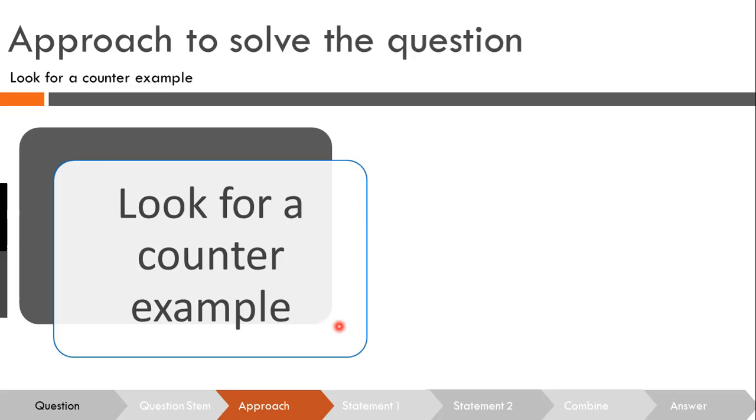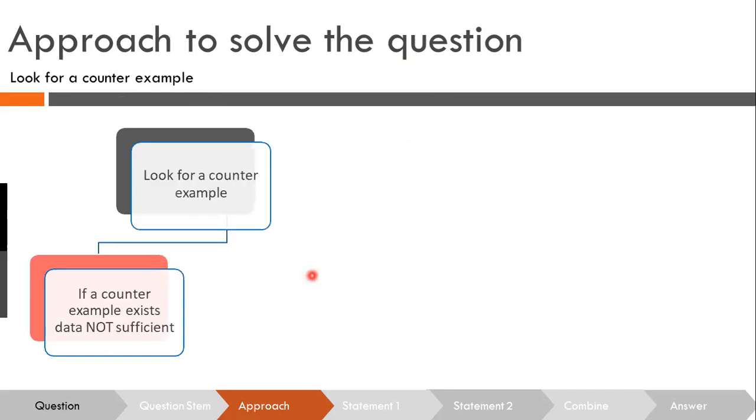So the approach to solve the question is to look for a counterexample. What I mean to say is that whenever we consider any person's argument, we give so many examples for better understanding.